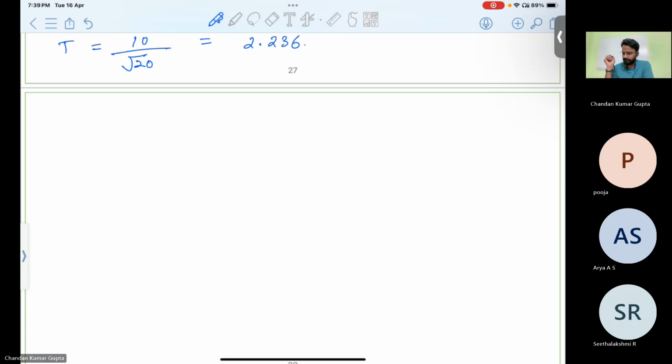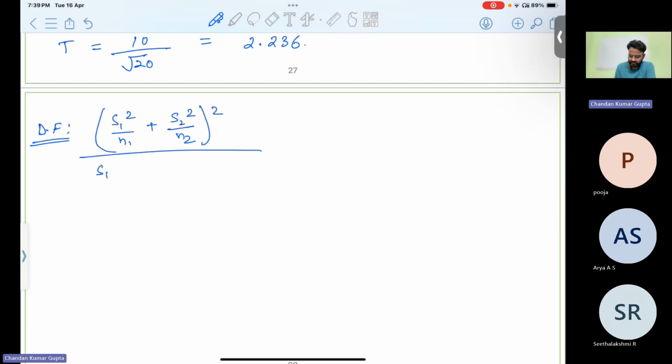The degree of freedom is (S1 square upon N1 plus S2 square upon N2) whole square, divided by (S1 square upon N1) whole square upon N1 minus 1, plus (S2 square upon N2) whole square upon N2 minus 1.